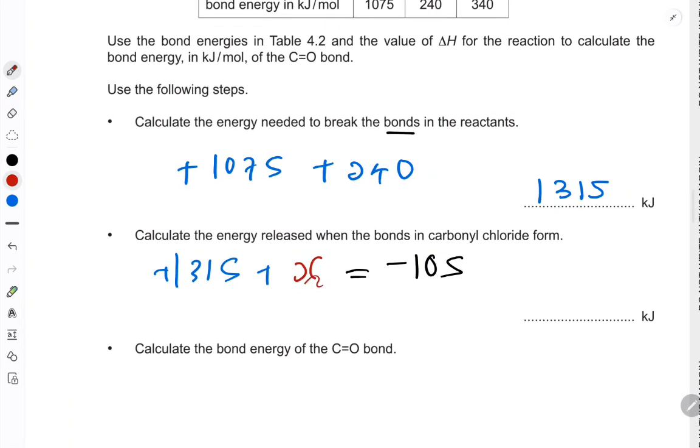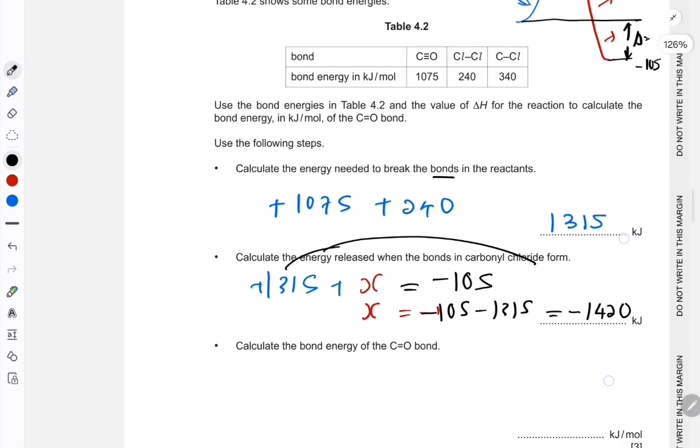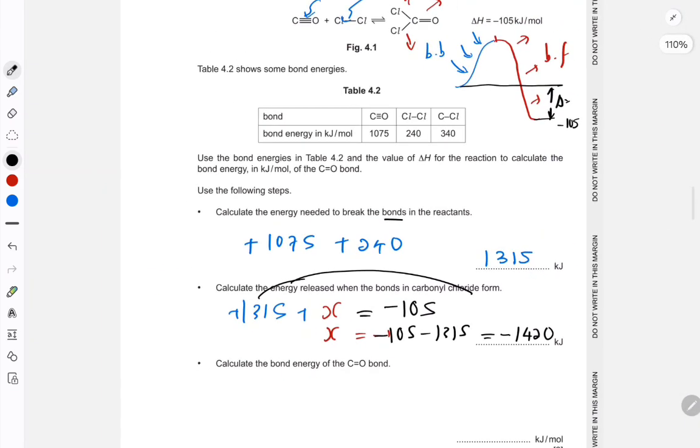So what is X equal to? It will be negative 105. This moves across to the right hand side, and you'll get negative 1315, giving me negative 1420.